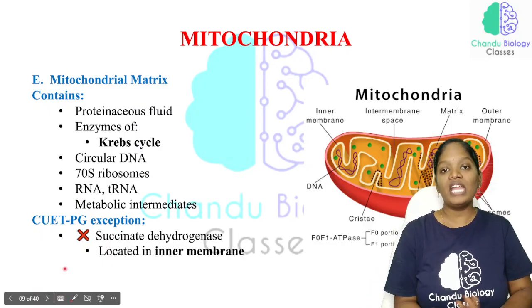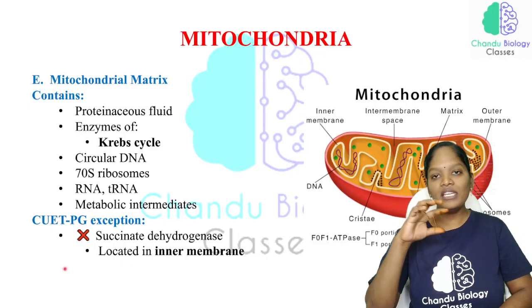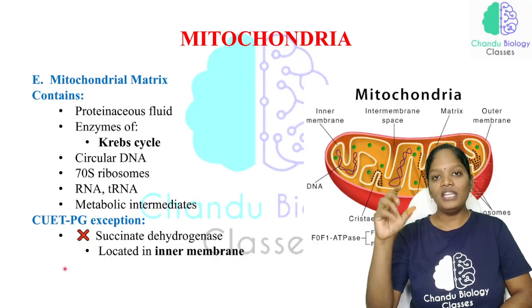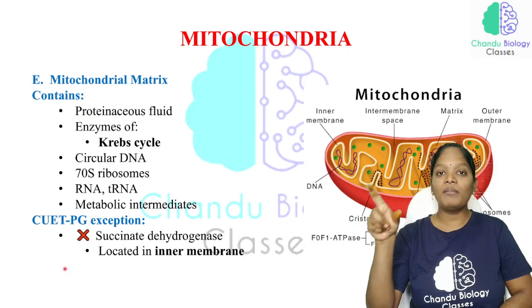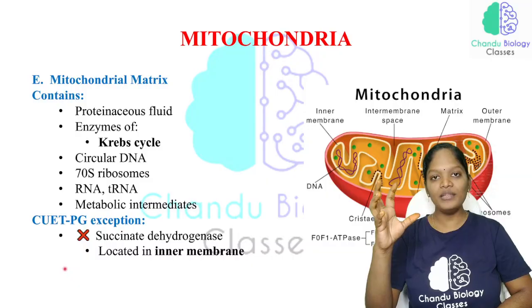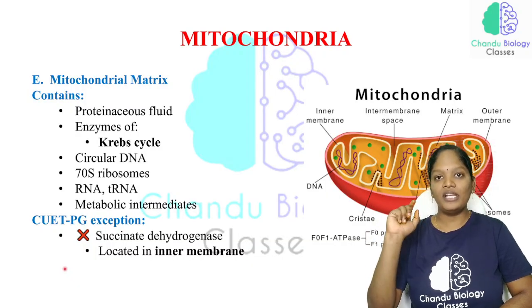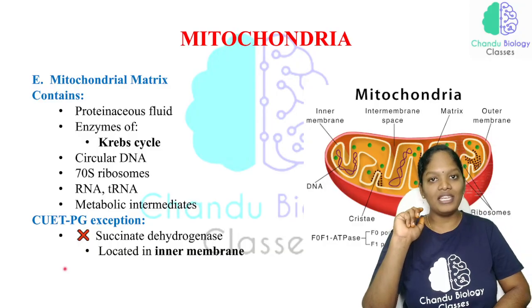So what can we expect in the question? See here, what have we studied? The Krebs cycle. We have studied that the Krebs cycle takes place in the mitochondrial matrix, which means all the enzymes required for the Krebs cycle are present in the mitochondrial matrix. But there is an exemption.